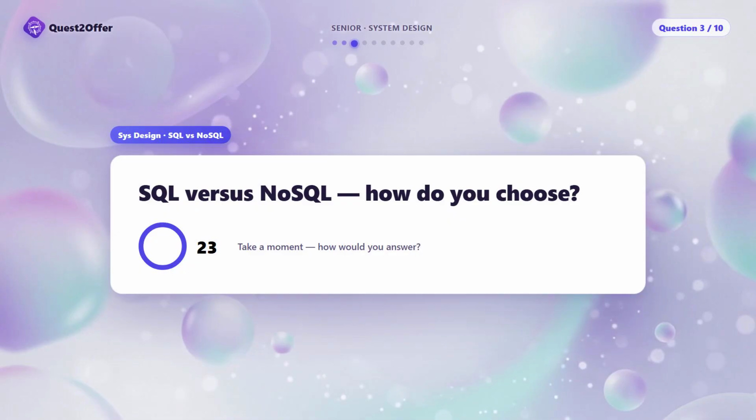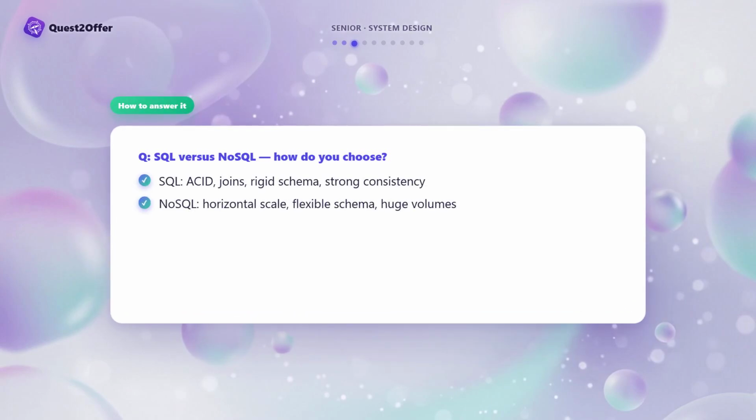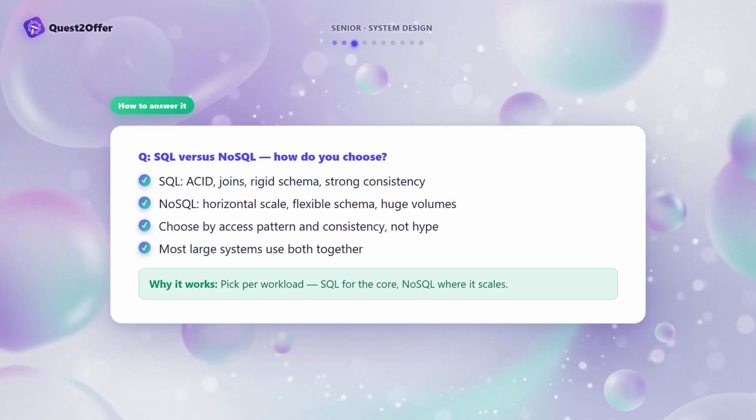SQL versus NoSQL. How do you choose? SQL gives you ACID transactions, joins, and a rigid schema, perfect when relationships and strong consistency matter, like payments.